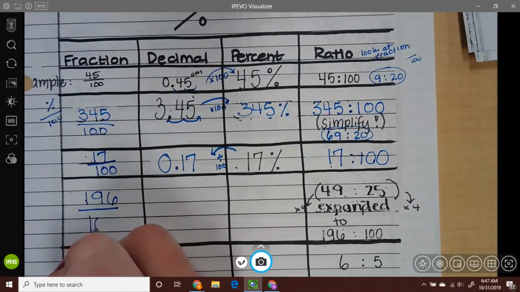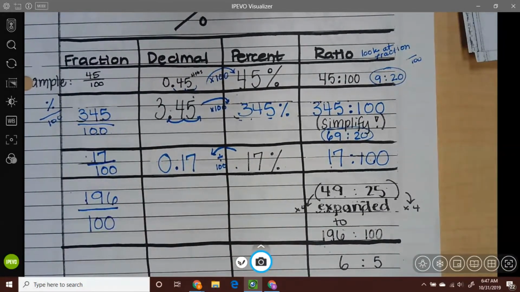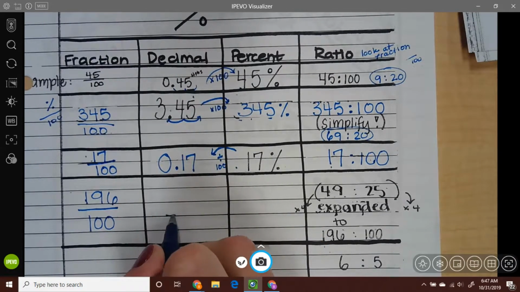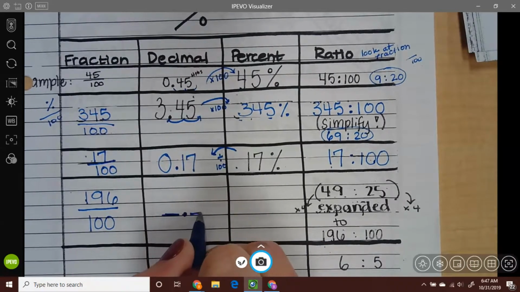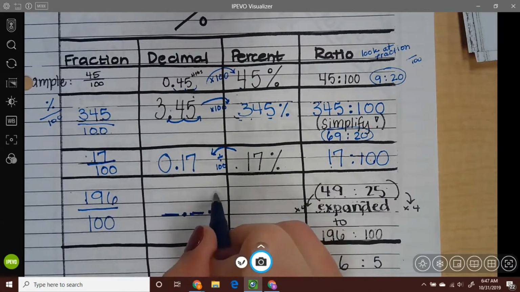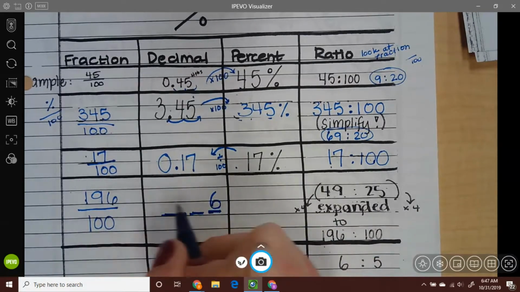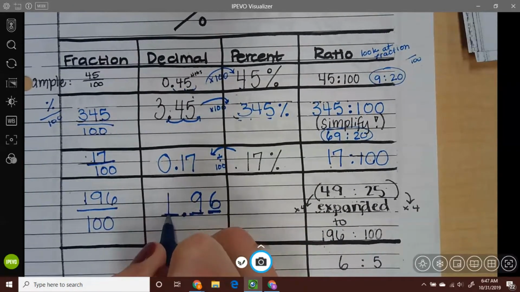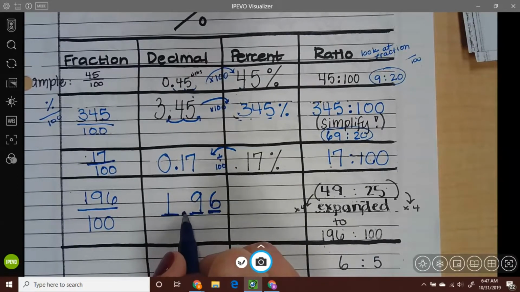And then we're going to have a refresher from 4th and 5th grade, and earlier this year. If I have the hundredths place, that stops right here. So remember, this is where you can write backwards, and I can fill in the 6 first, and then 9, and then the 1. And I get 1 and 96 hundredths, which is equal to 196 hundredths.